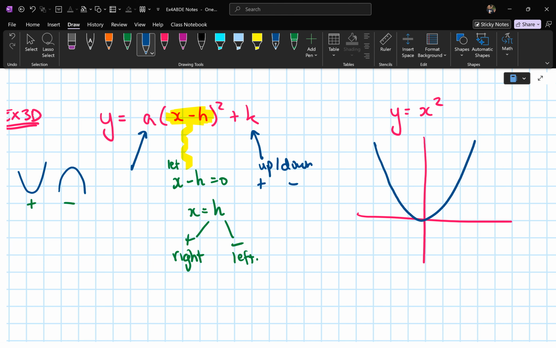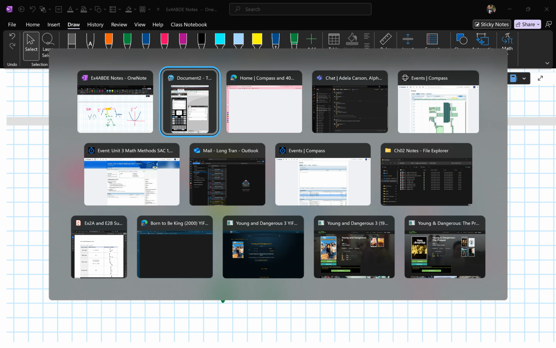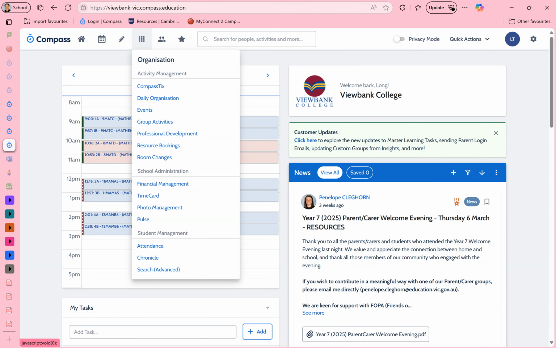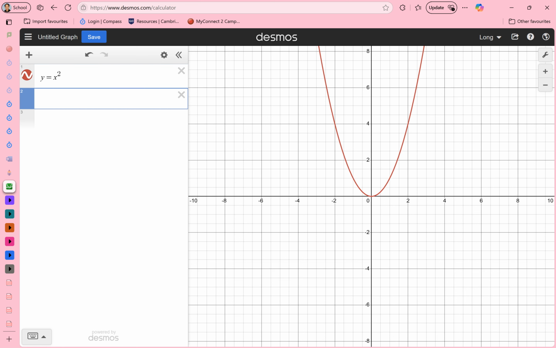So what I'm going to show you today, and I'm going to do Desmos so you can see the pattern here. I'm going to go to Desmos just so you can visualize what's happening. Here's your y equals x squared graph, right? All I do is I taught you in exercise 3D to learn what we call transformations. Now, I haven't taught you transformations yet, so you're memorizing this, okay?